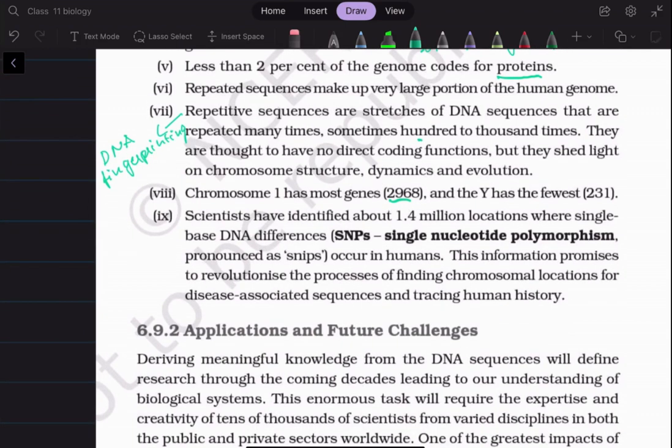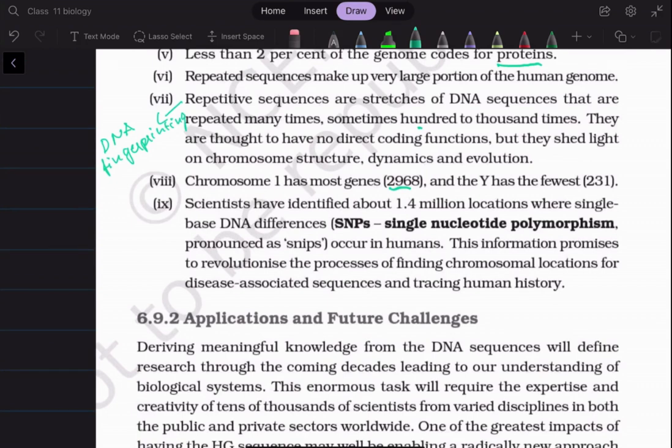These can be inherited, and that is why they are a great help in finding chromosomal locations for disease associated sequences, etc., and also tracing the history of a particular trait or disease in generations.